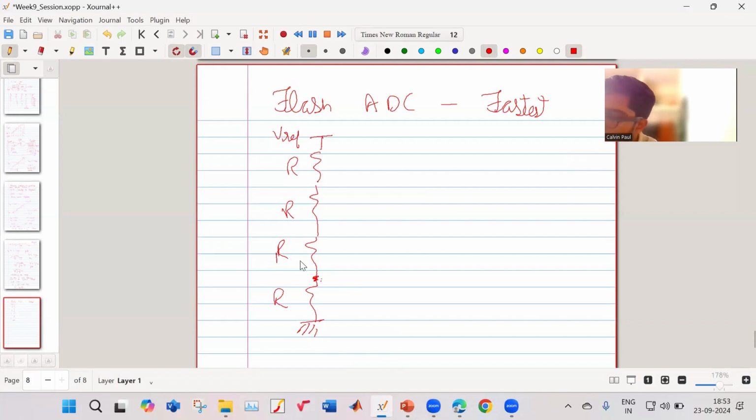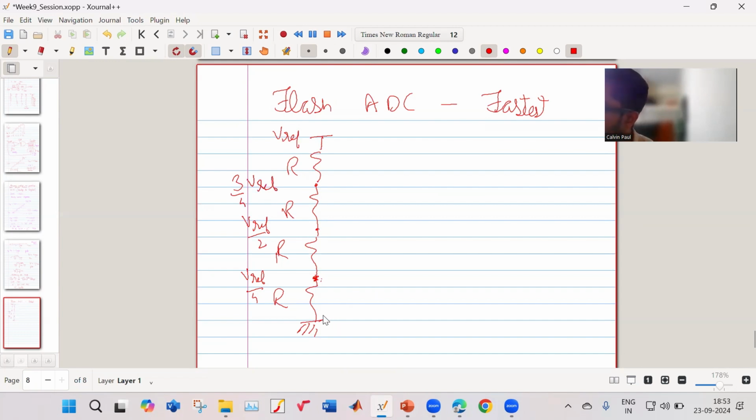All the R's are the same, right? Because all the R's are the same, at this point the potential will be VREF by 4. At this point, it is VREF by 2. At this point, it is 3/4 VREF.